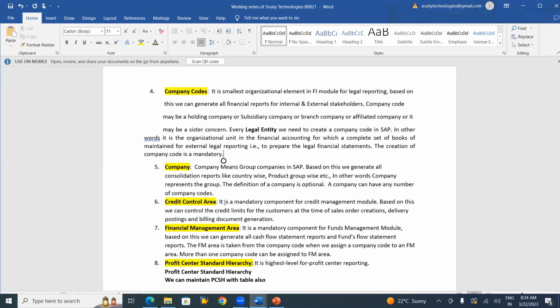Based on this, we can generate all consolidated reports, like country wise, product group wise, etc. In other words, company represents the group.